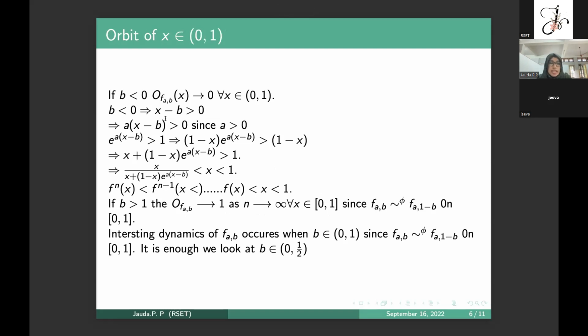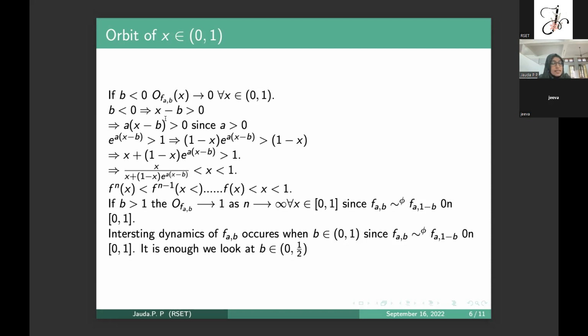Consider the orbit of x, if x belongs to the open interval (0, 1). If b is less than 0, then the orbit of x goes to 0. If b is less than 0, then x minus b is greater than 0, then a into x minus b is greater than 0. Then FAB of x, that is x by x plus (1 minus x) times e raised to a into (x minus b), is less than x, that is less than 1.